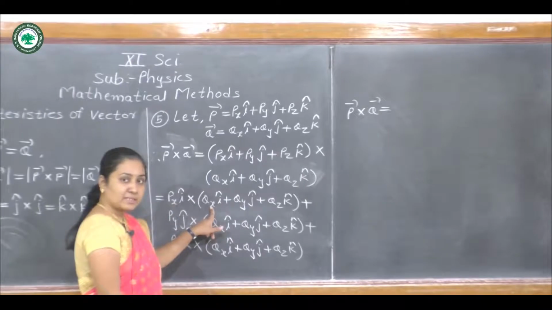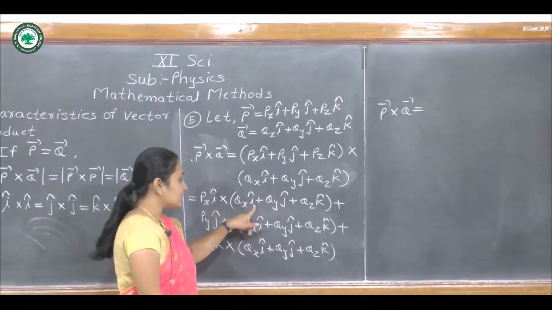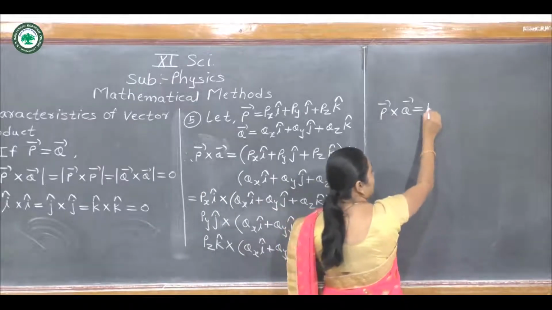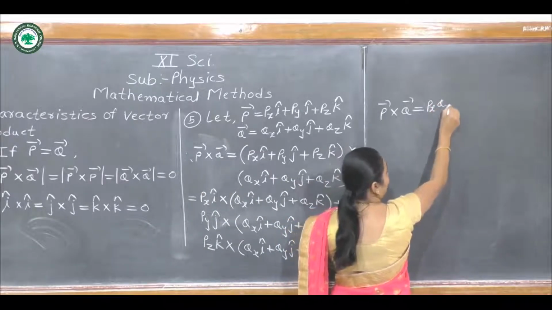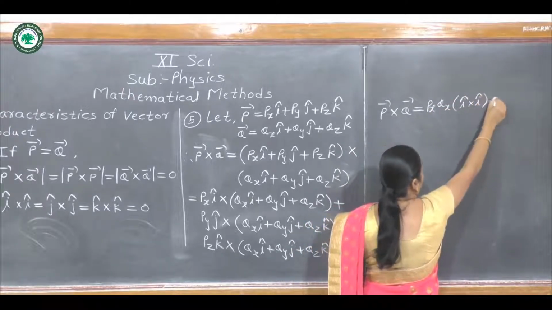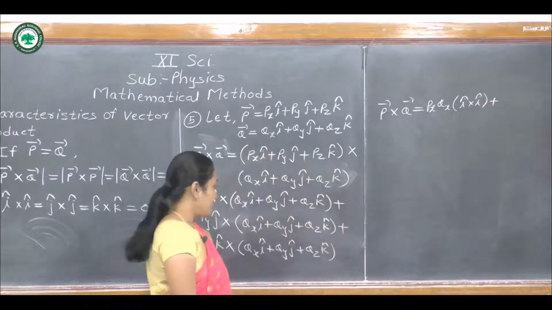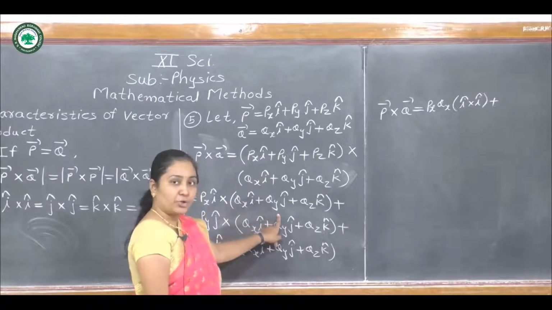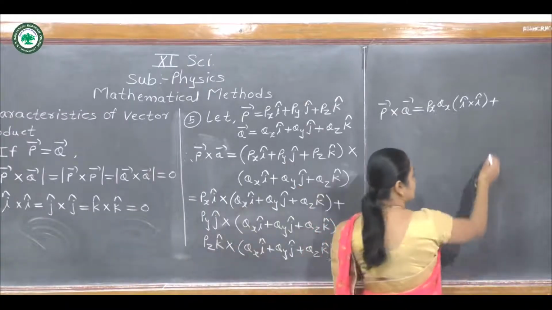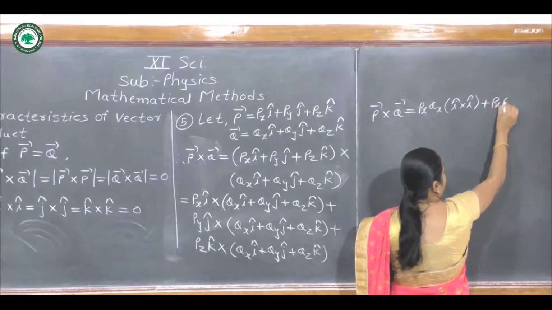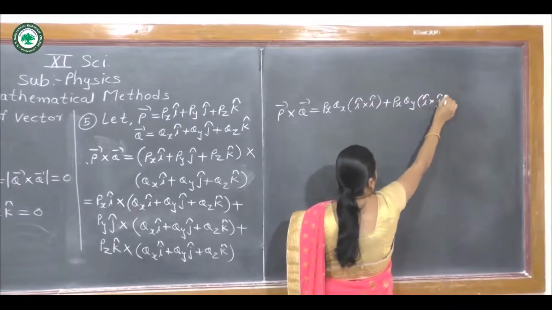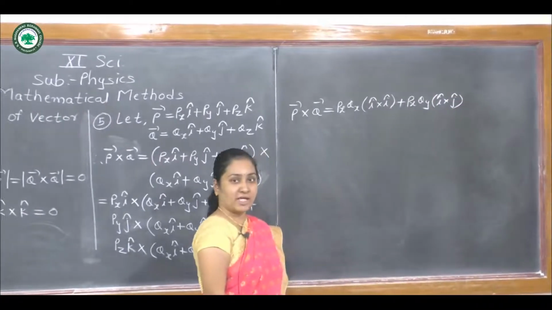px qx i cap cross i cap. So in this way we will simplify here. So px qx i cap cross i cap, plus the next term is px qy i cap cross j cap, plus px qy i cap cross j cap.